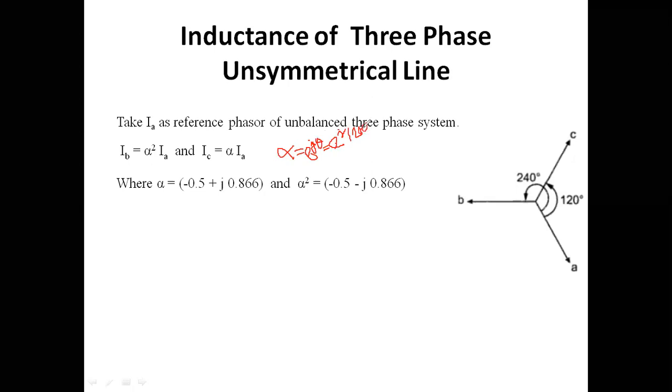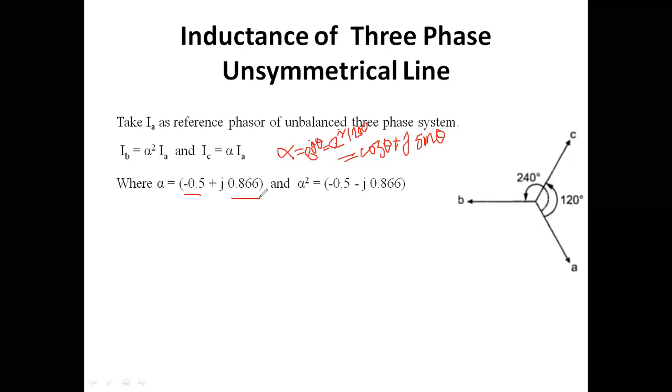It can be written as cos theta plus j sin theta. So e to the power j theta can be written as cos theta plus j sin theta, where theta is 120 degrees. So for 120 degrees we get minus 0.5 plus j 0.866, that is sin theta.